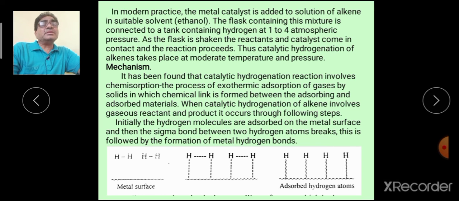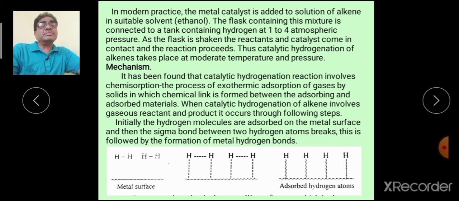As the flask is shaken, the reactants and the catalyst come in contact and the reaction proceeds. Thus, catalytic hydrogenation of alkene takes place at moderate temperature and pressure. Okay, this is the modern practice of hydrogenation of alkenes.